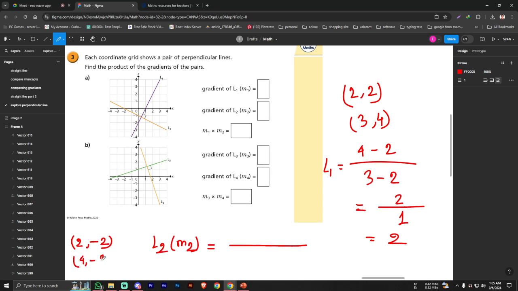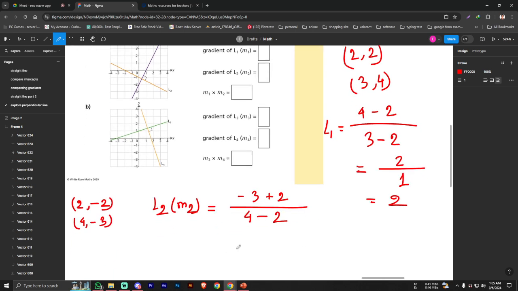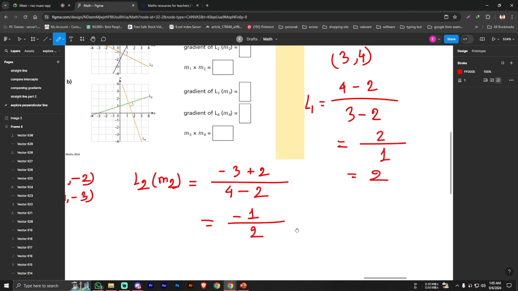Let's see what we got. Minus 3, 2, then 4 minus 2. We got ourselves minus half. So that is L2.